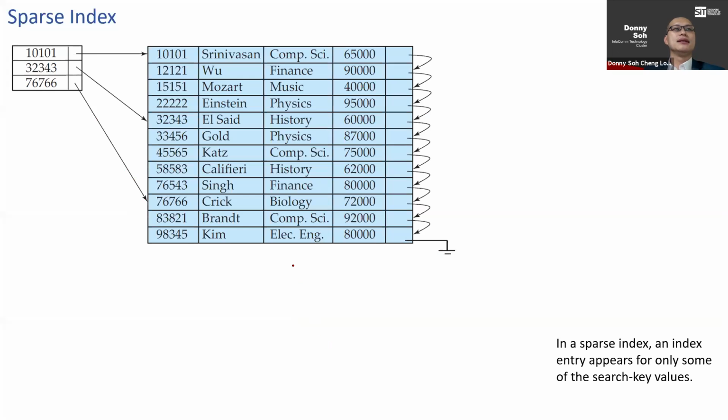Let's look at the other one, which is the sparse index. So in the sparse index, I ask you a question: do you think this is done on a primary index or a secondary index?